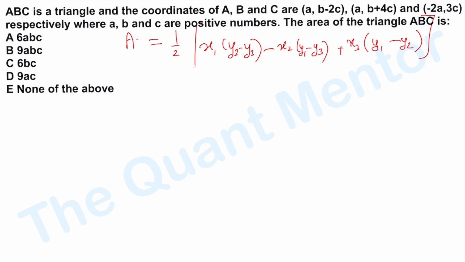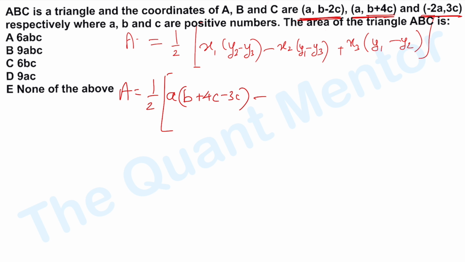So here we go. We know the coordinates of the vertices here. So we can take this is x1 y1, this is x2 y2, and this is x3 y3. The area will be half into x1 into y2 minus y3. x1 here is a, and y2 is b plus 4c minus y3 is 3c. So b plus 4c minus 3c.